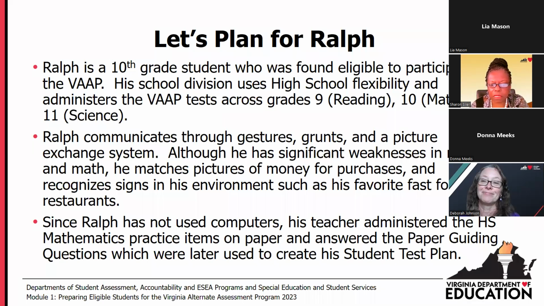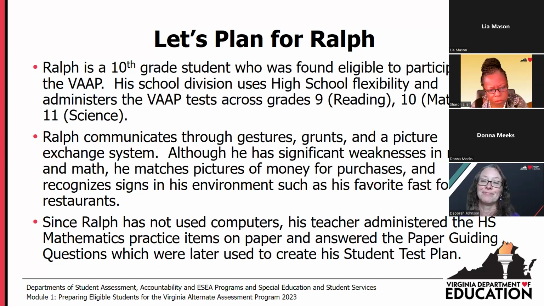He does have significant weaknesses in reading and in math, but when it comes to math, what's been identified for him is that he can appropriately match pictures of money to make purchases, and he recognizes signs in his environment. An example would be his favorite fast food restaurant chains.